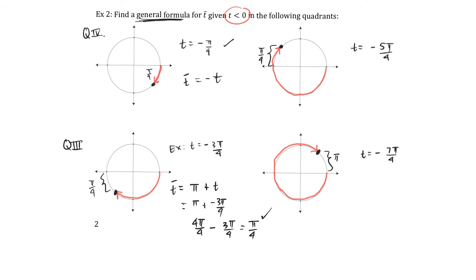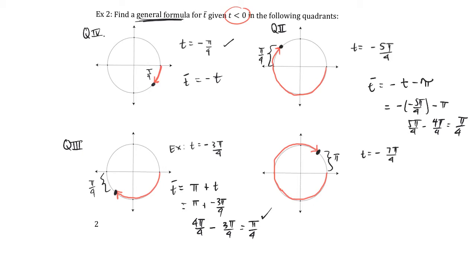In another quadrant, what we need to do is take the opposite of our angle and then subtract pi. So we'd get 5 pi over 4 minus 4 pi over 4, and that gives us the correct reference angle.